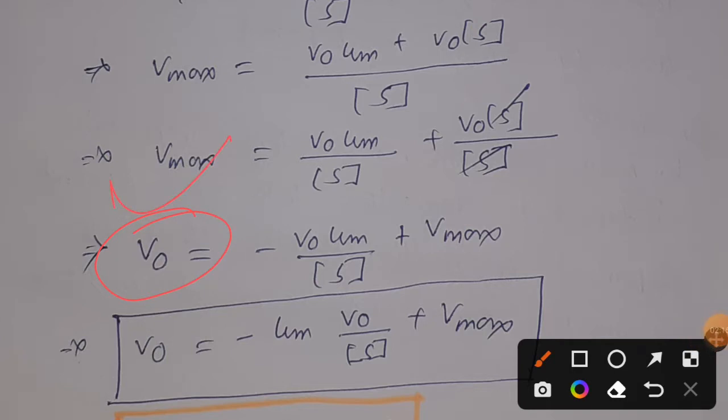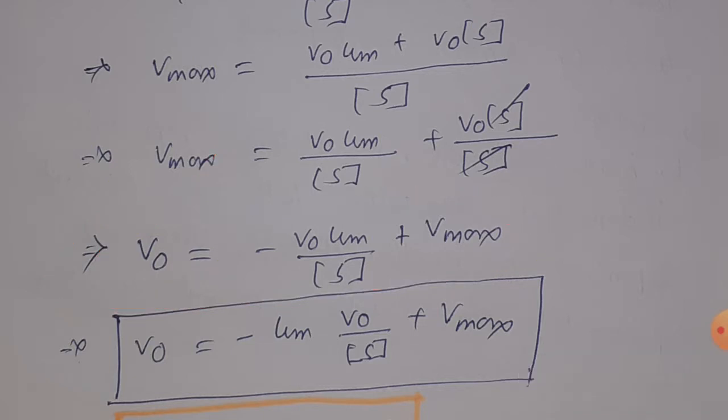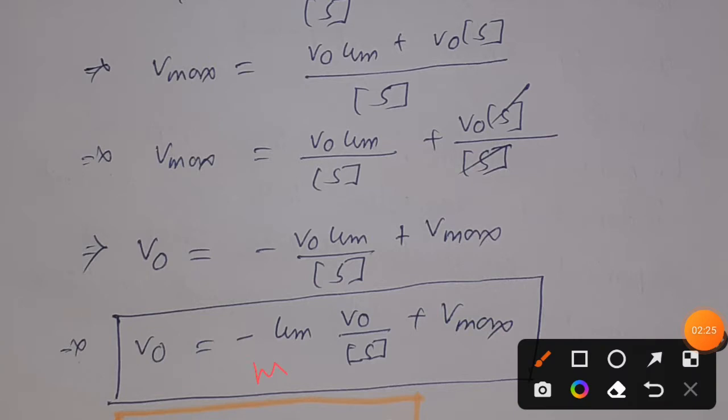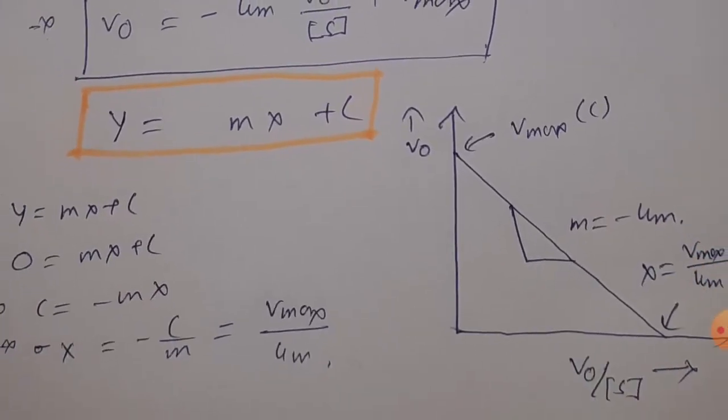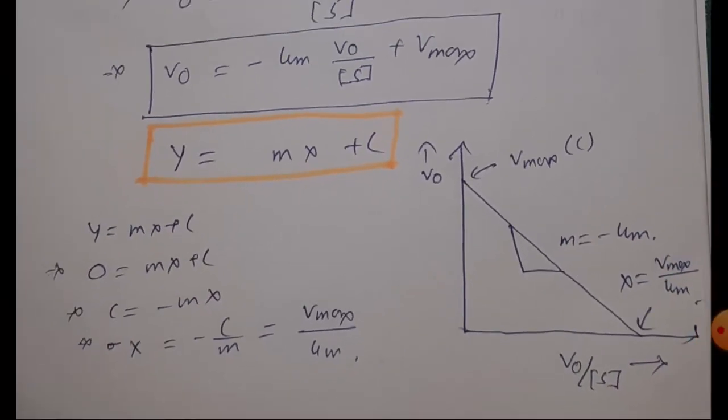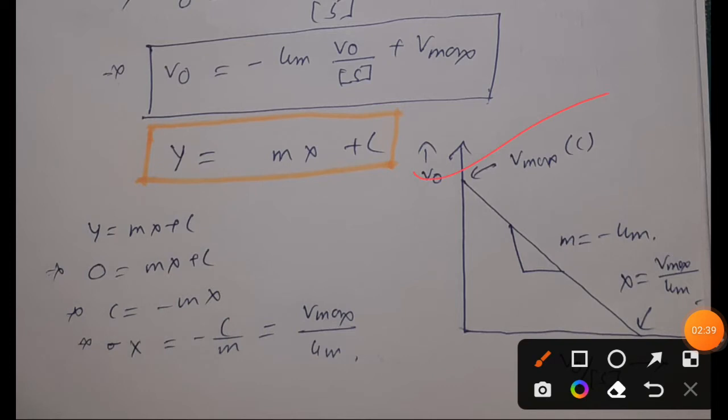Now it gives us the sense of y = mx + c, where m is minus Km, x is V0/S, c is Vmax, and y is V0. Now we will draw the graph.